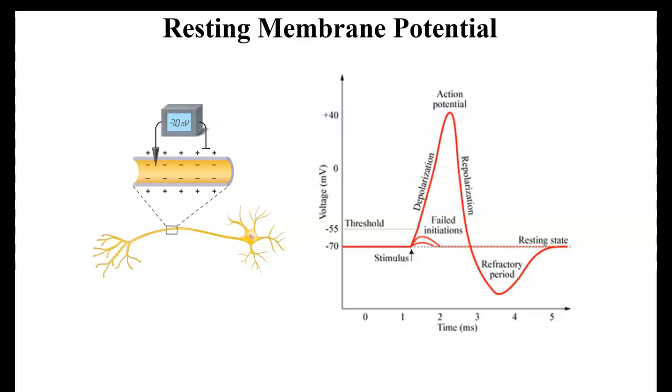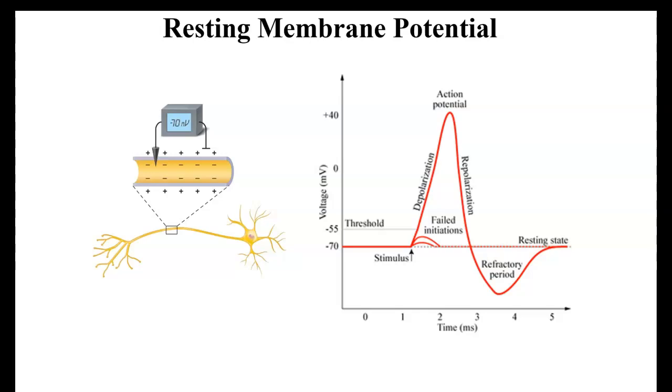When you do this, you can look over to the side and notice that this cell is going to be at negative 70 when it is resting. So its resting membrane potential is negative 70 millivolts in this particular cell. Nerve cells and other cells in the body have the ability to maintain the voltage on the interior of the cell, as we'll describe in future slides.